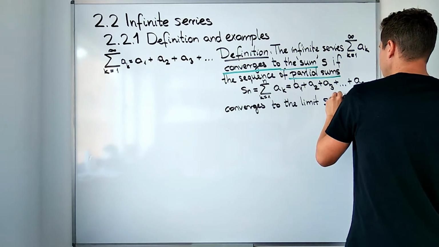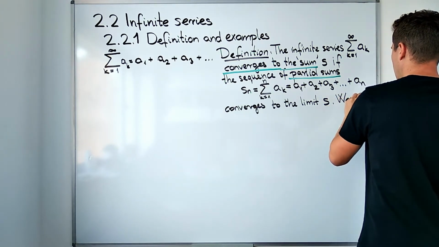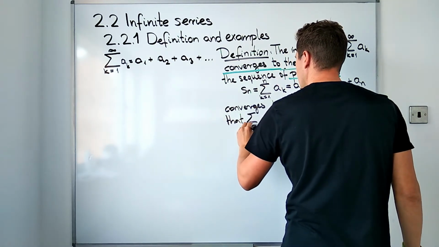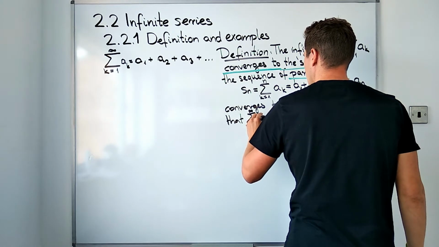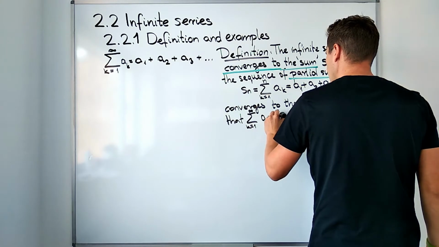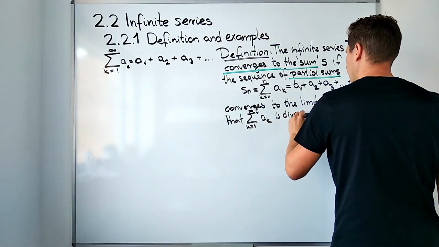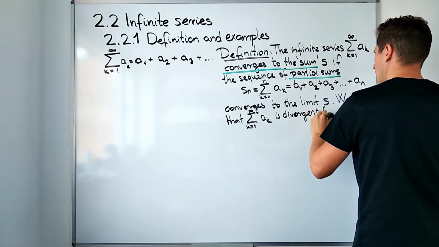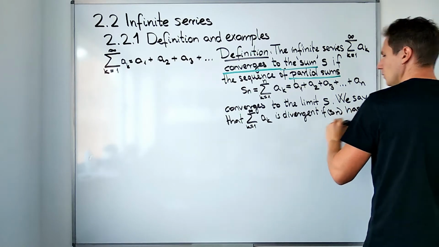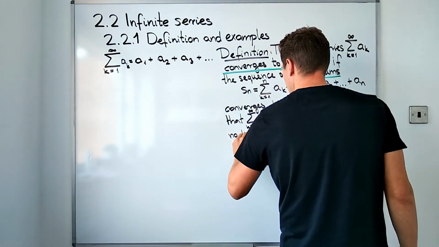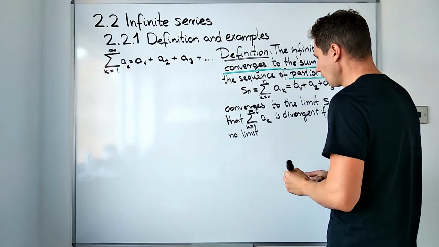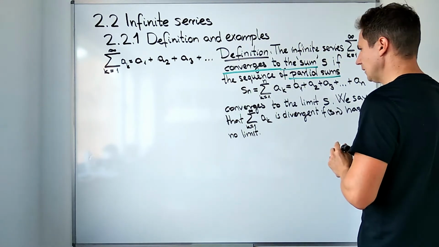So we say that the infinite series, summing a_k with k going from 1 to infinity, is divergent if S_n, this sequence of partial sums, has no limit. So if the sequence is a divergent sequence, we say that the series itself diverges.